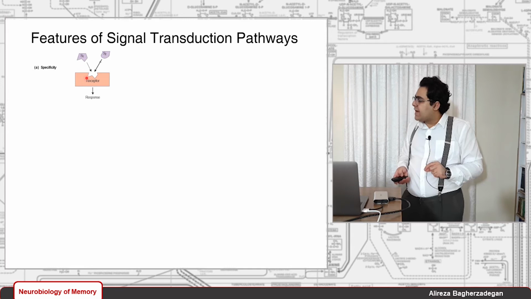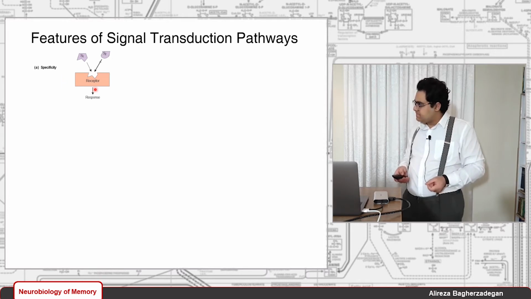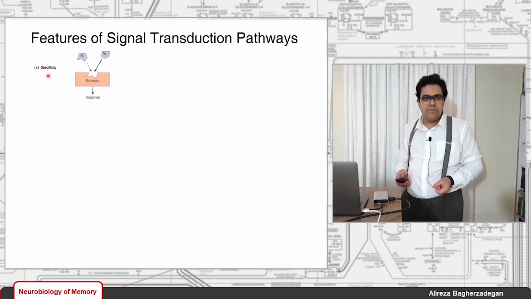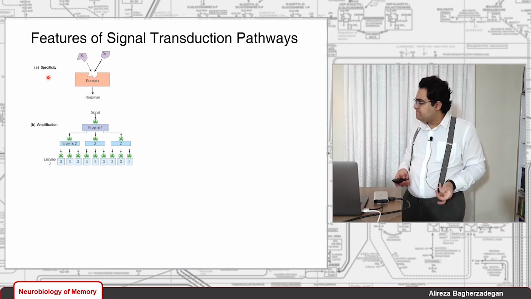And it can only attach to that. There are some exceptions, but most of the ligands only attach to their specific receptors. And so specificity is a very important and key feature of almost all of those signal transduction pathways.